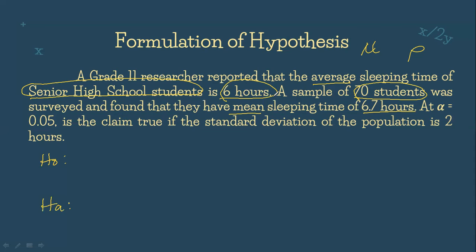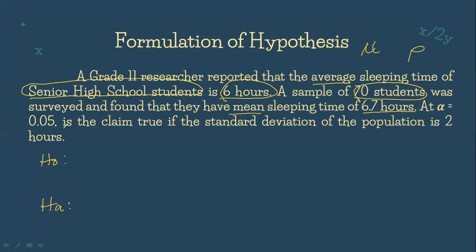First, let's find out whether something says that the 6 hours is greater or lesser. So let's reread the problem. A grade 11 researcher reported that the average sleeping time of the senior high school students is 6 hours. A sample of 70 students was surveyed and found that they have a mean sleeping time of 6.7 hours.